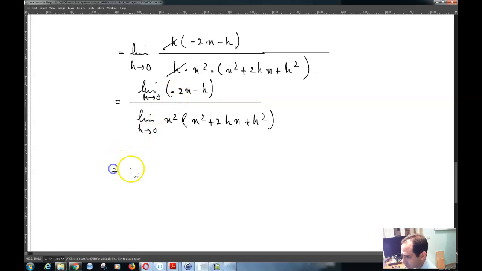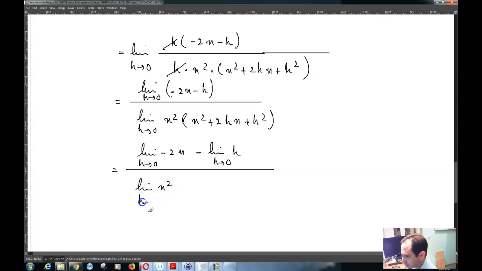This is again equal to the limit of negative 2x as h tends to 0 minus the limit of h as h tends to 0, over the limit of x squared as h tends to 0 times the limit of x squared plus 2hx plus h squared as h tends to 0.